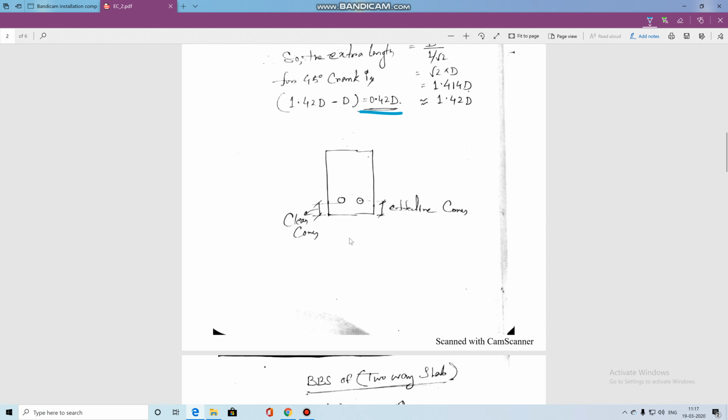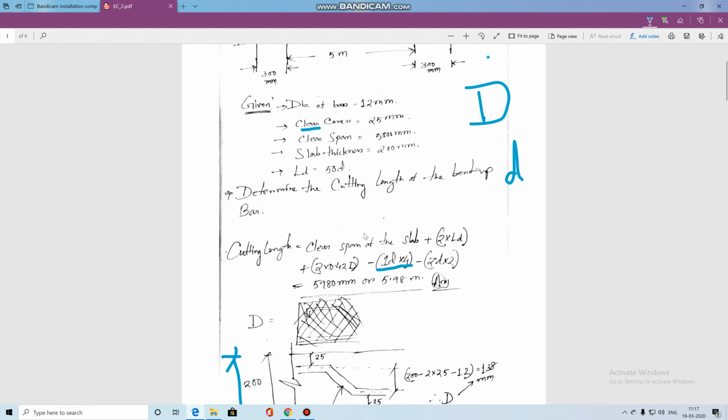Look at this diagram, there are two parts here. When the distance is taken from the extreme outer portion to the corner of the bar, this is called the clear cover, and when I am taking the distance from the extreme end to the center of the reinforcement, this is called the effective cover. I hope you understand the difference between clear cover and effective cover, right?